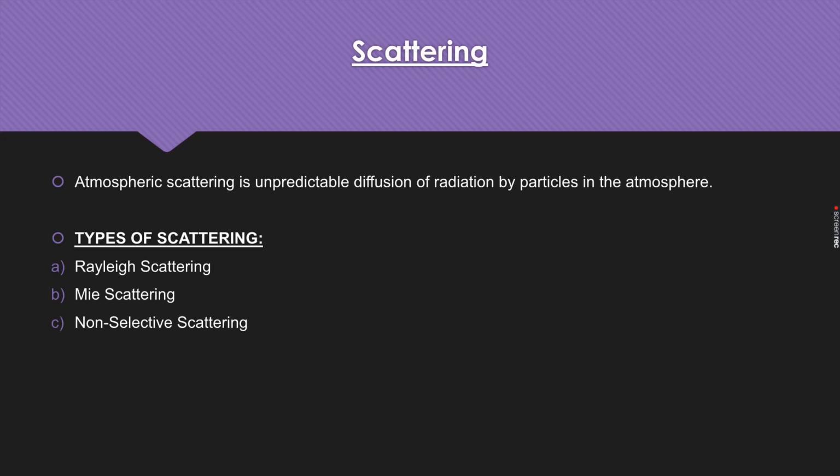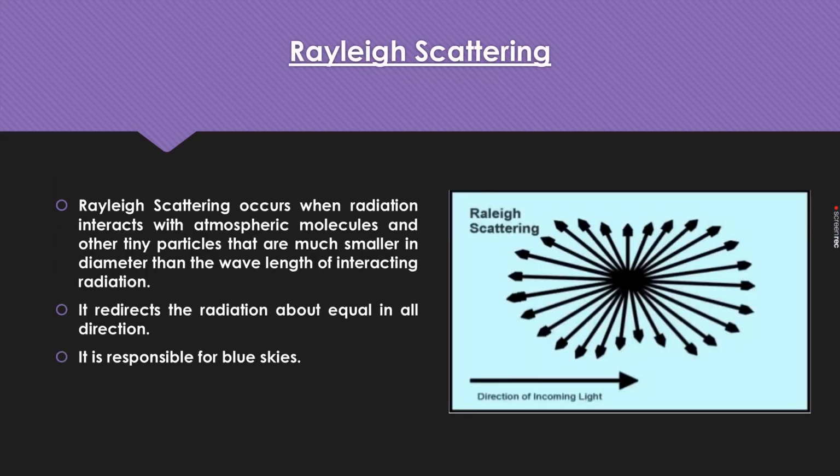First of all, Rayleigh scattering. Basically, these three scatterings are divided on the basis of the size of the particle, the diameter of the particle with which the EMR is interacting. Rayleigh scattering happens when the EMR interacts with a particle whose diameter is smaller than the wavelength of the EMR.